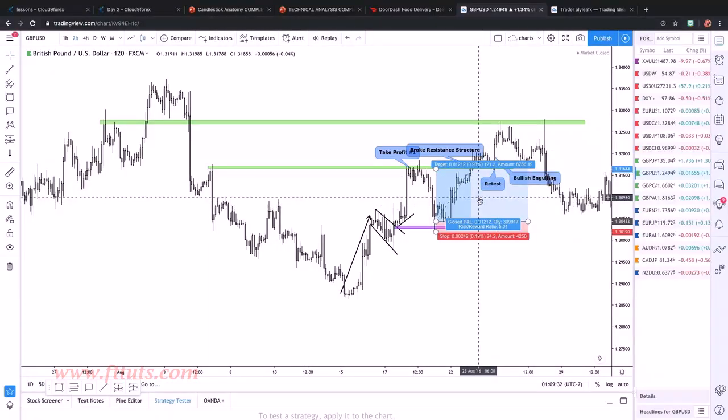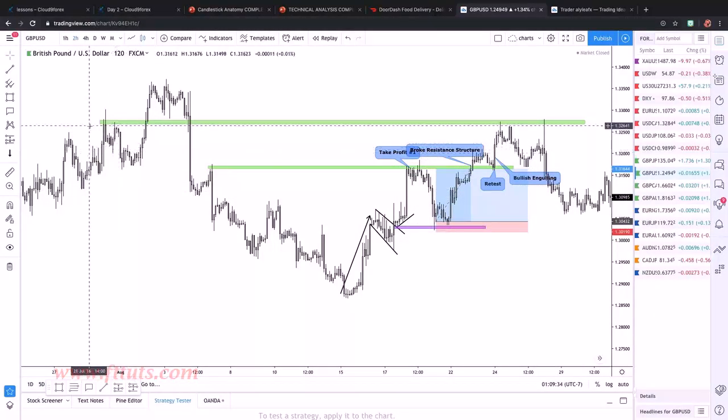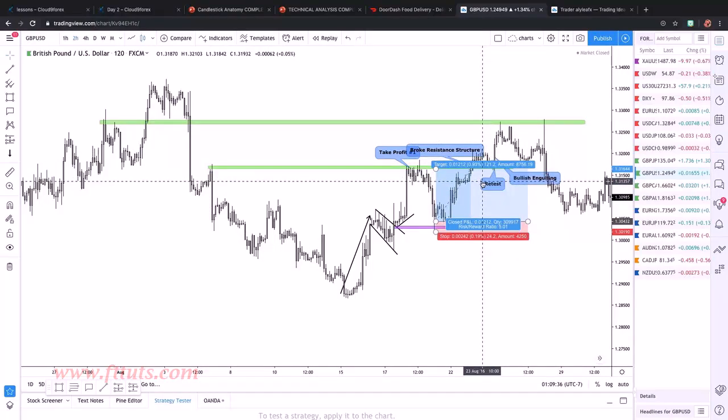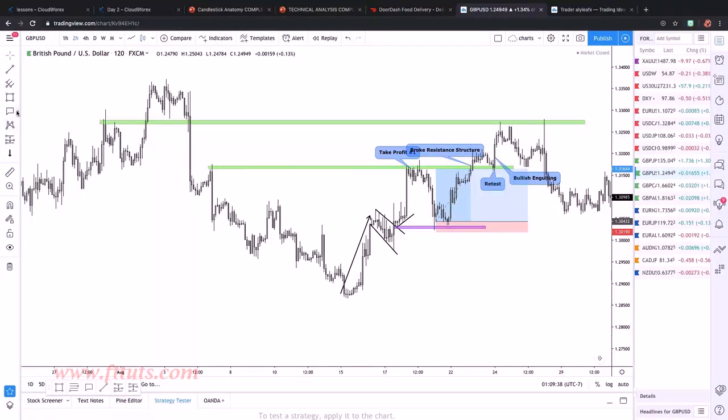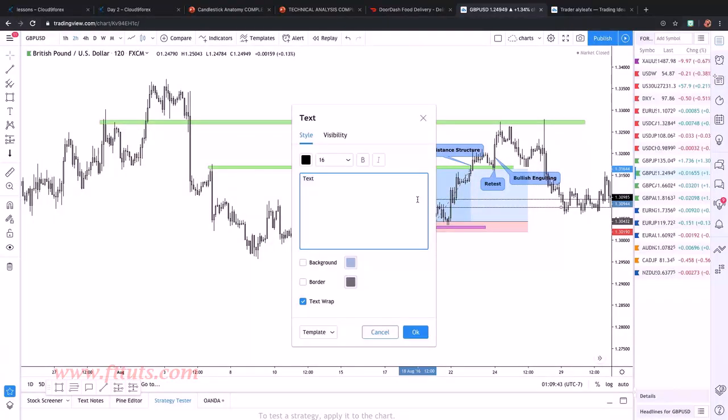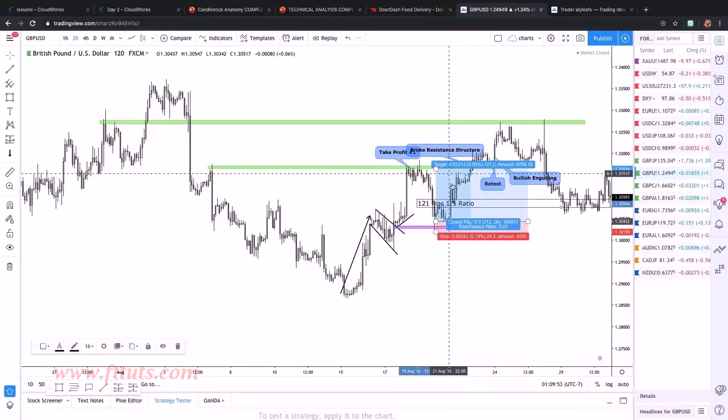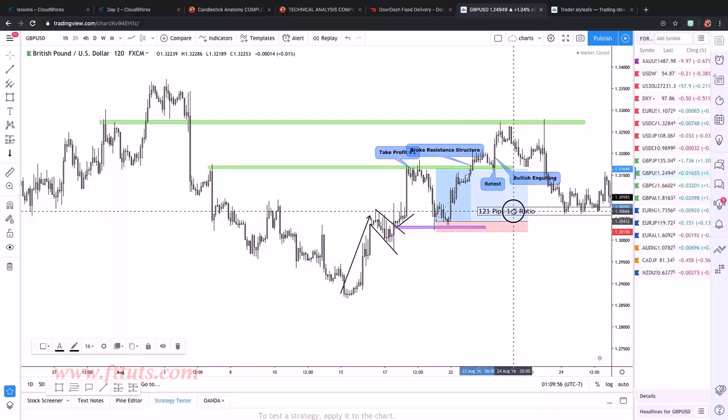So risking 24 pips. So 121 pips, 1 to 5 ratio. Again, don't take less than 1 to 2.